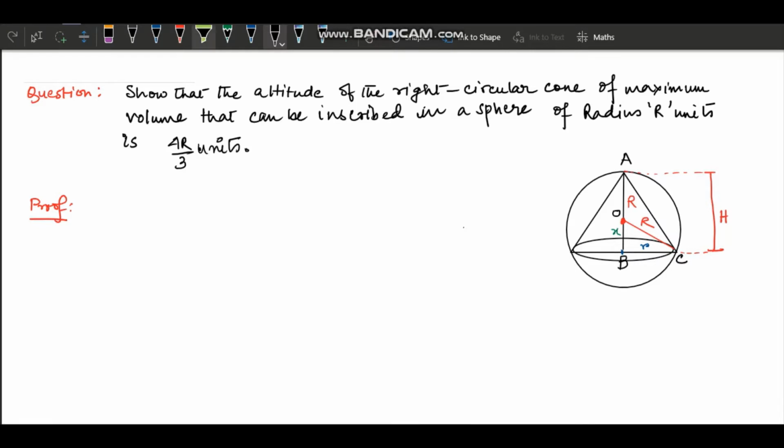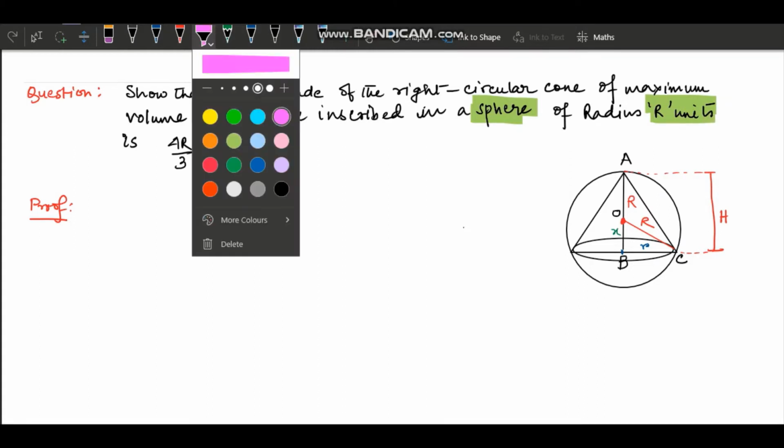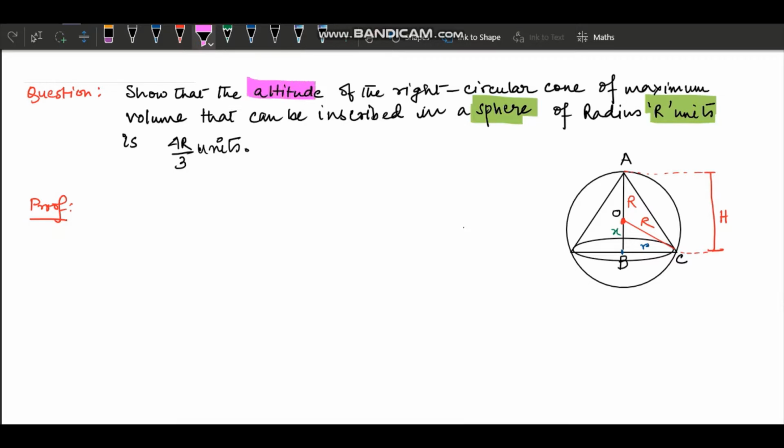Right? So what is given to us? We are just given that there is a sphere whose radius is R units. This is the only thing that is given to us. And what do we have to prove? We have to prove that the altitude, meaning height, of a right circular cone whose volume will be maximum is given by 4R by 3 units, keeping in mind that capital R is the radius of the sphere in which the cone is inscribed.